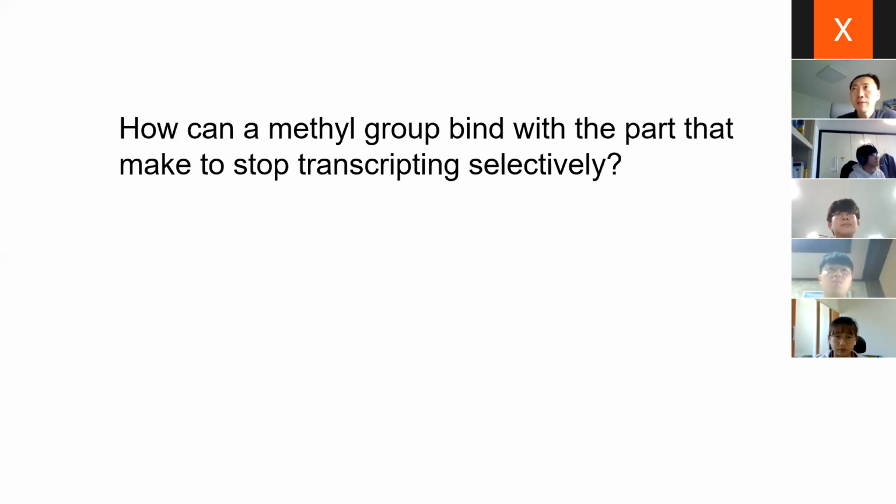And any idea for this question? Only a small methyl group. Then how does it stop transcription? And I said this methylation does not affect the Watson and Crick recognition. Then how can this small methylation stop the transcription? Any idea?